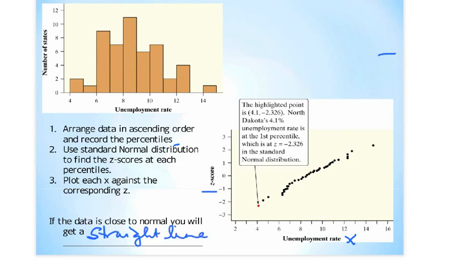All of the data on this normal probability plot lies approximately on a line. So I'm going to say this is an approximately normal distribution, which we just showed with the 68, 95, 99.7 rule.